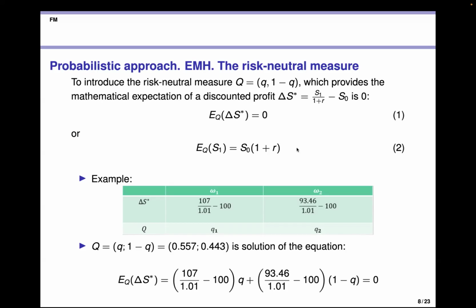What is it about? There is a risk neutral measure which makes the mathematical expectation of discounted profit zero. Yes, it is the main result of the efficient market hypothesis. On average, the mathematical expectation of the discounted profit is just zero.